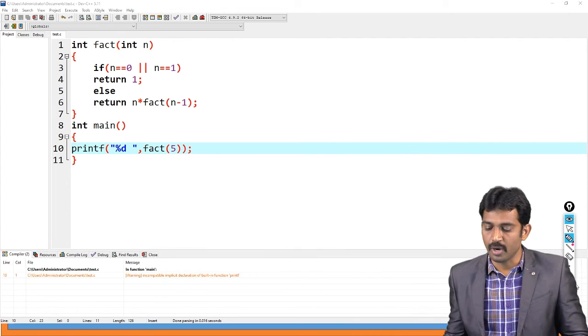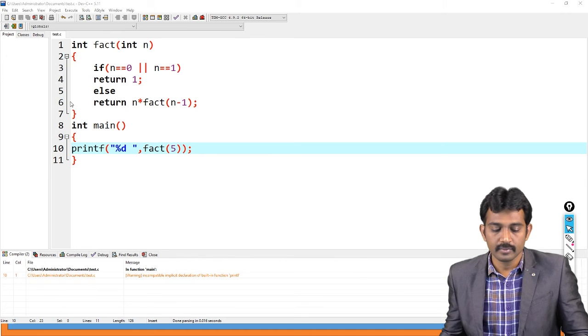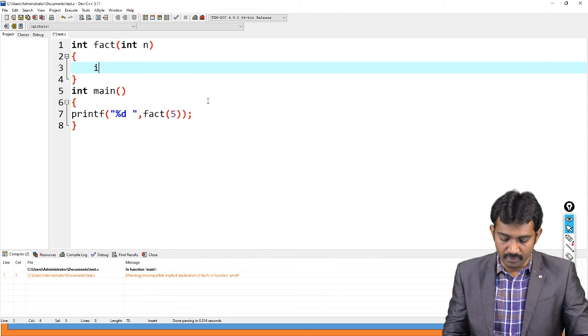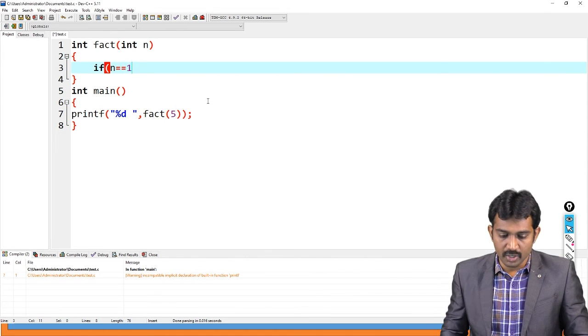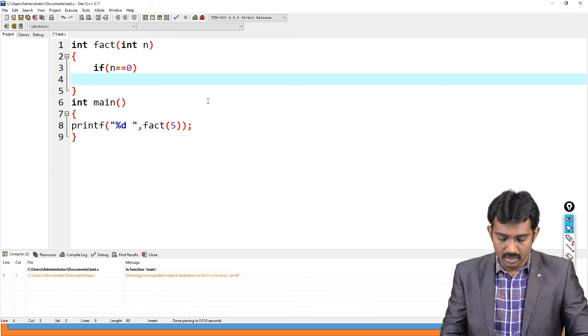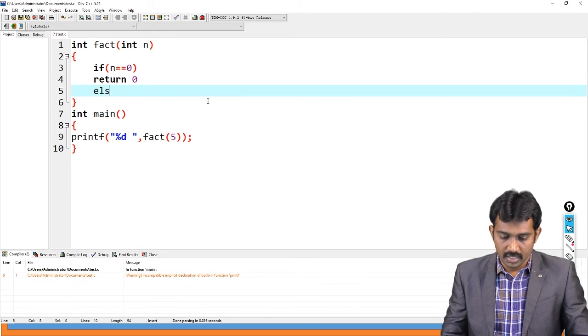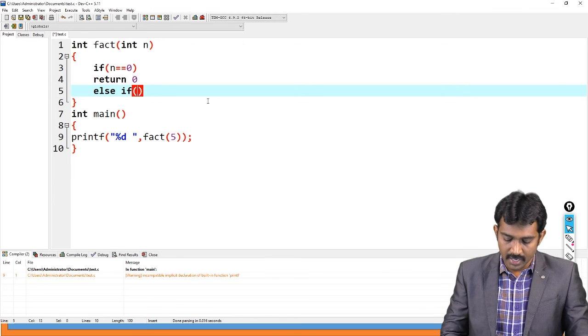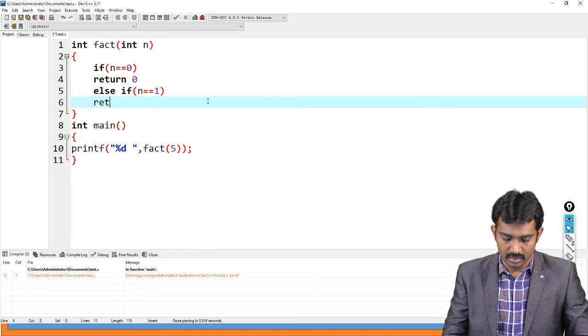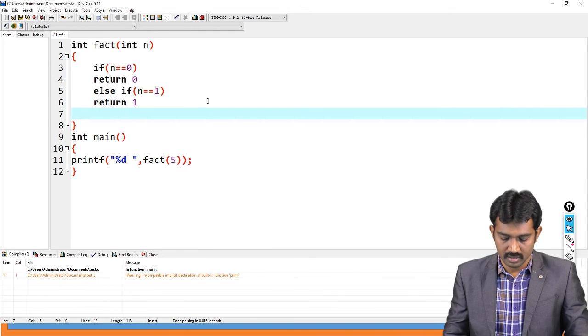Let us solve this problem. Please note this, observe clearly. If n is equal to 0, we'll start with the 0 concept only: return 0. Else if n is equal to 1, return 1.